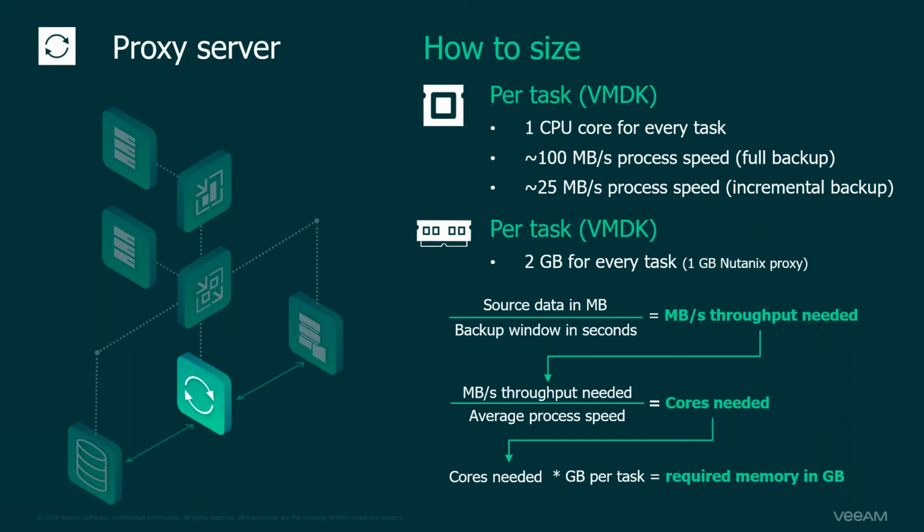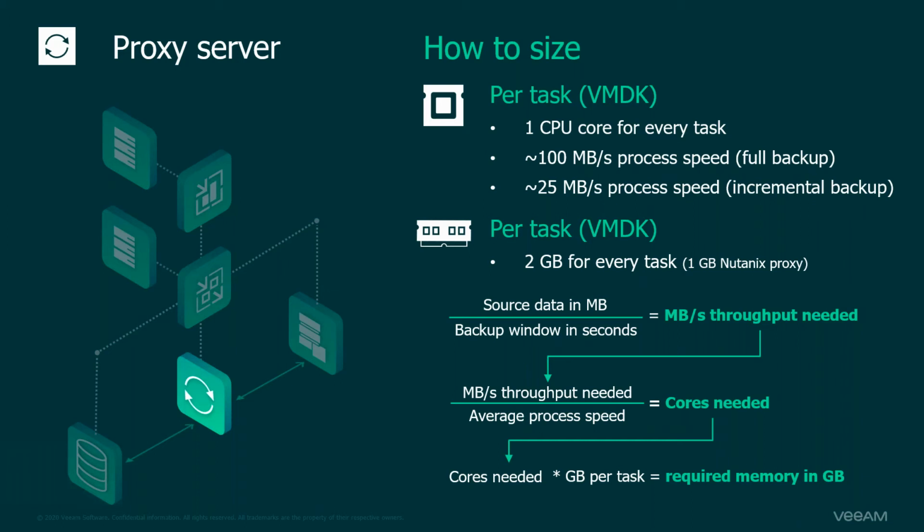So here we have the average processing speeds, and this seems to be about the same no matter the processors. It can vary up and down depending on frequencies, but on average, you're going to get about 100 megabytes per second throughput on a full backup, and about 25 megabytes per second throughput on incrementals.